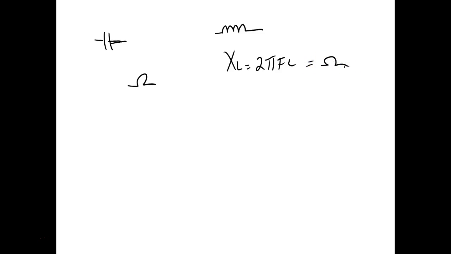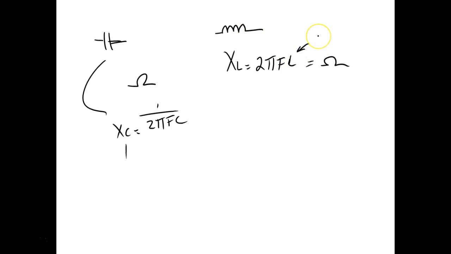That's opposition, but it's opposition to AC. It's not opposition to what? DC. The formula for capacitors is X of C, which we call capacitive reactance, by the way, and it is 1 over 2 pi F C. So notice this. I buy inductors by this right here.